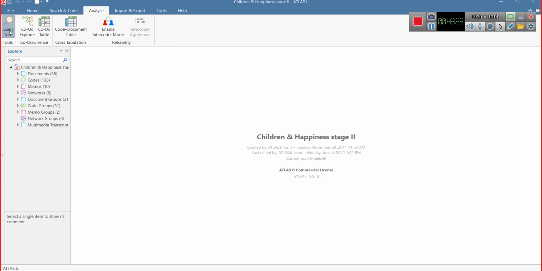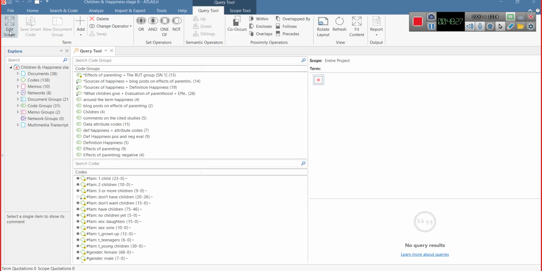For example, the query tool that Atlas.ti provides offers some operators called set operators, semantic operators, and proximity operators. These kinds of operators help you look, for example, at the commonalities of the codes and quotations.